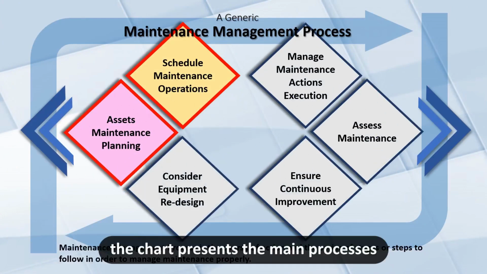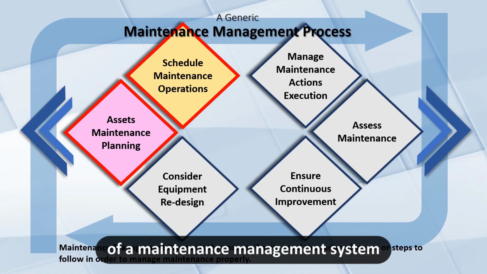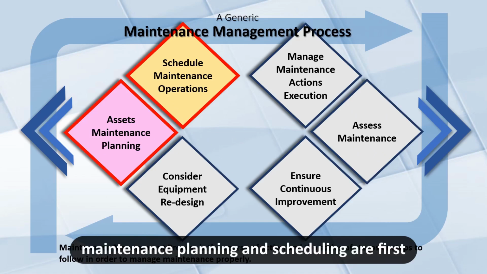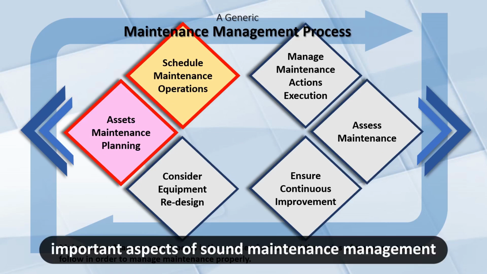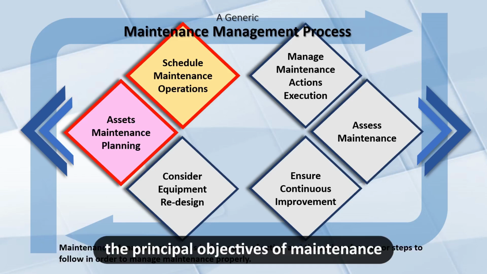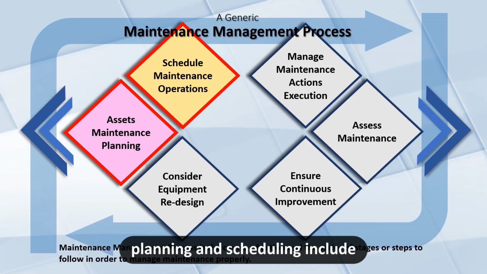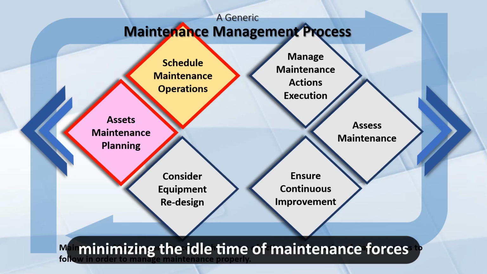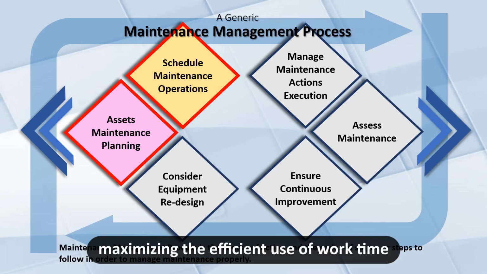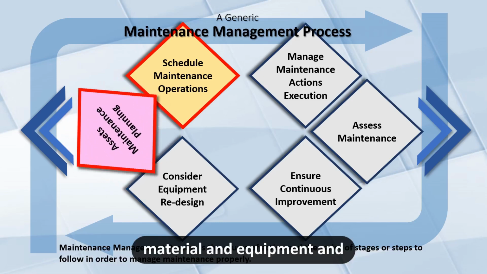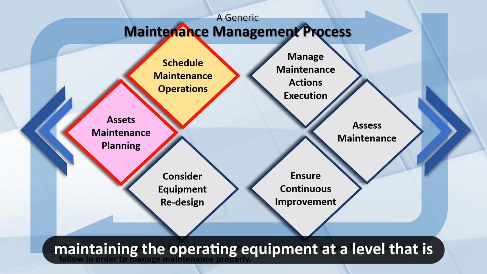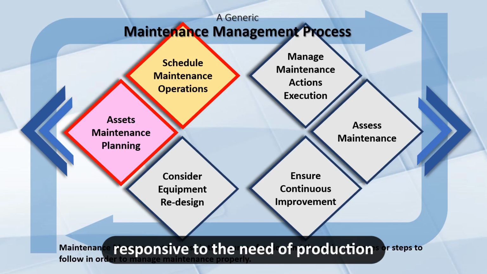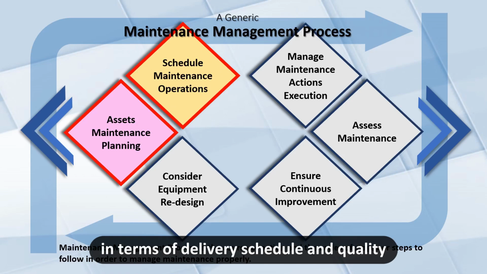The chart presents the main processes of a maintenance management system. Maintenance planning and scheduling are the first and most important aspects of sound maintenance management. The principal objectives of maintenance planning and scheduling include minimizing the idle time of maintenance forces, maximizing the efficient use of work time, material, and equipment, and maintaining the operating equipment at a level that is responsive to the need of production in terms of delivery schedule and quality.